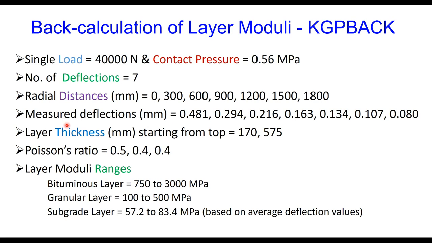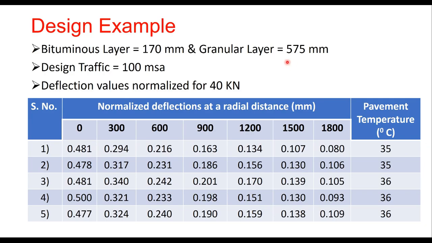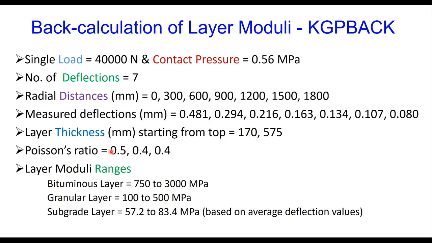Layer thickness from the top is 170 millimeter bituminous layer and 575 millimeter granular layer, and Poisson ratios are 0.5, 0.4, 0.4, the last being for the subgrade, the third layer.